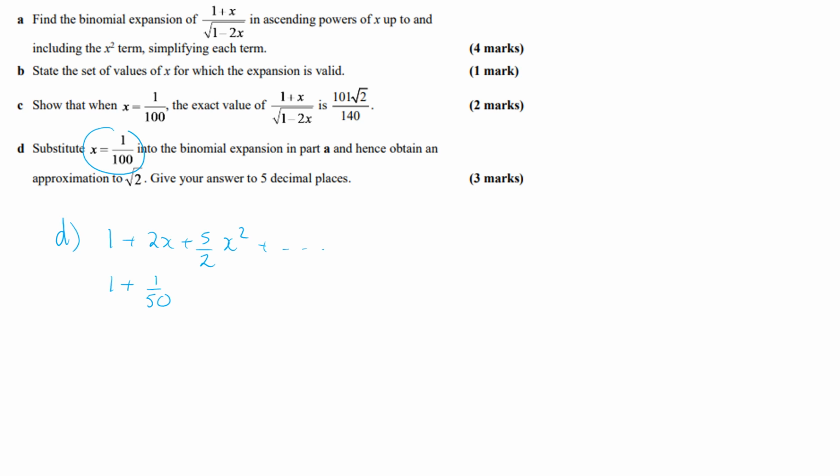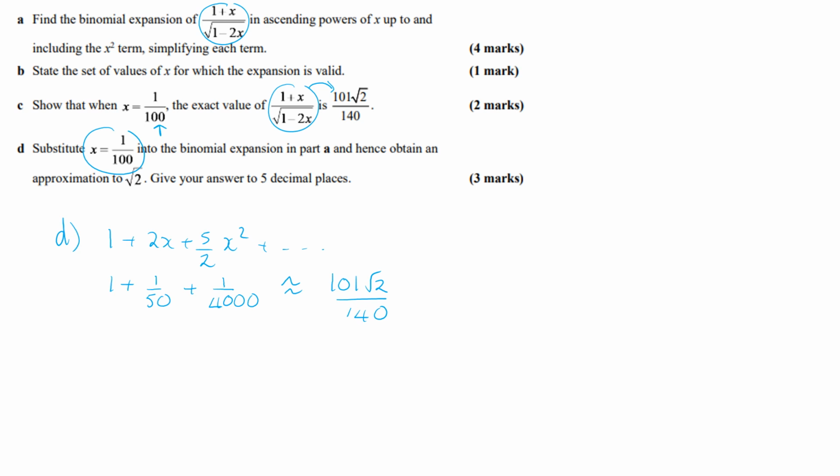And when you square 1 over 100 and times it by 5 over 2, that comes out to be 1 over 4,000. Now we can say that's approximately equal to the fraction, and when we put x equal to 1 over 100 into that fraction, we've just found out that it was the 101 root 2 over 140. So we can say that they're approximately equal to each other.